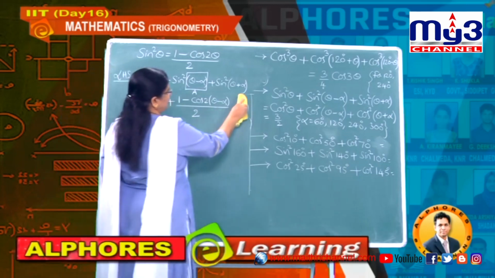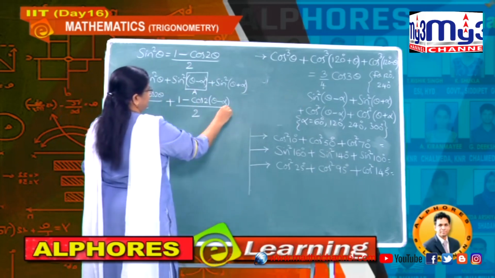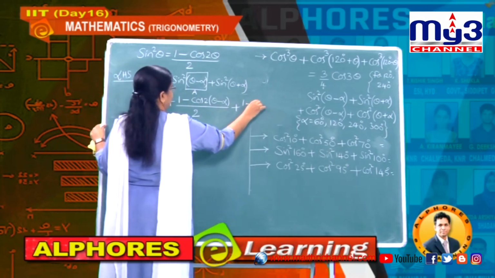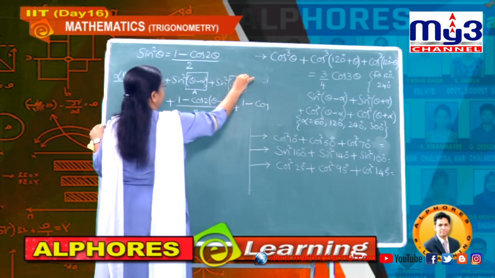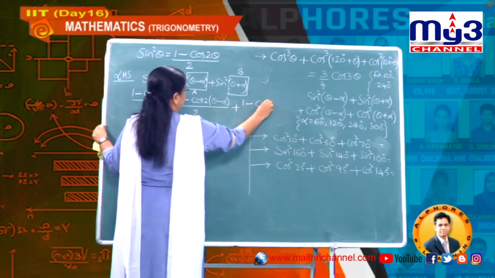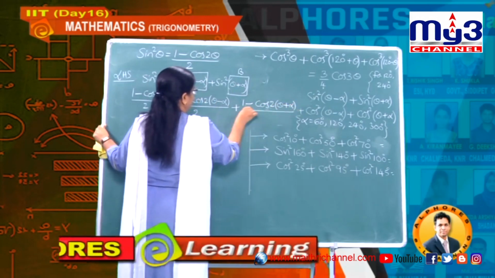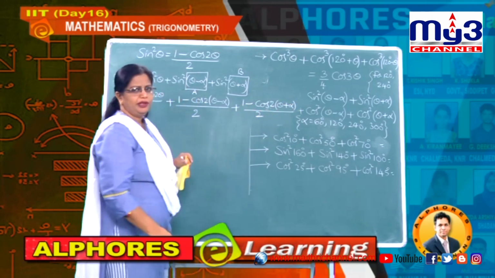And after that, what are you going to substitute here? This is the other value, plus again 1 minus cos. Now, this is your angle. Suppose if it is B, then you are going to substitute 1 minus cos 2 into theta plus alpha, whole divided by 2. Understand, students?